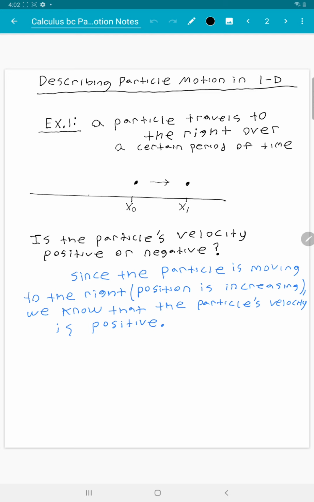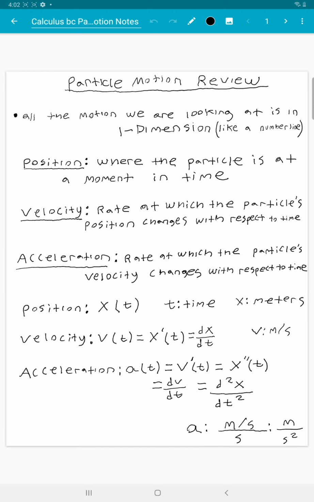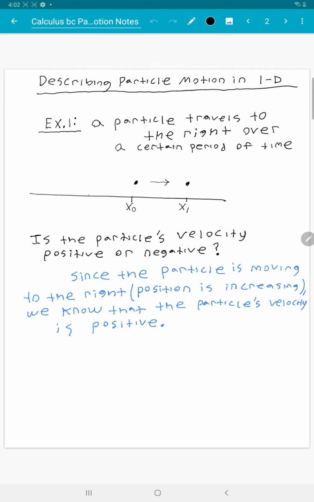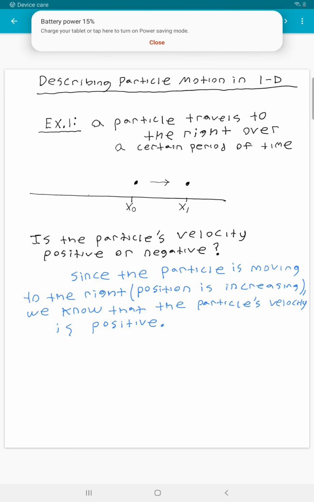So is the particle's velocity going to be positive or negative? Let's think about what's happening to position here. Because as we remember, we define velocity as the rate at which the particle's position changes with respect to time. So how is this particle's position changing? Well, it's moving to the right, which basically means that its position is increasing.